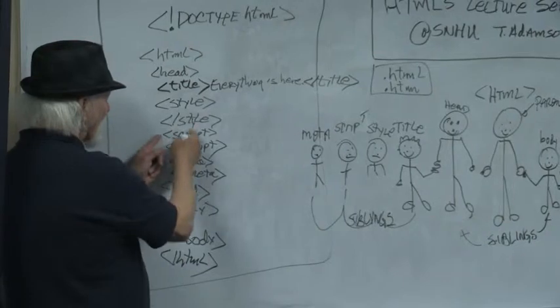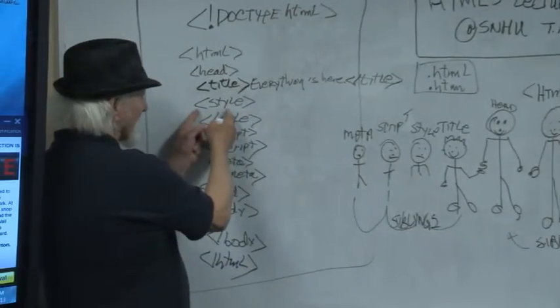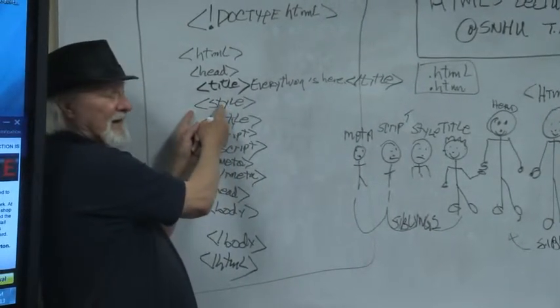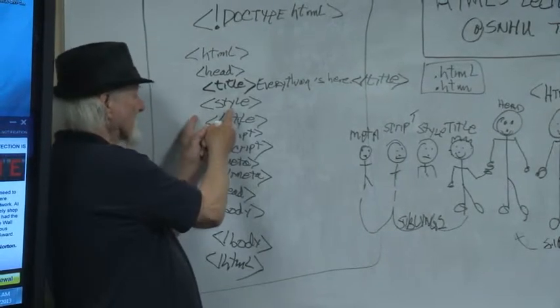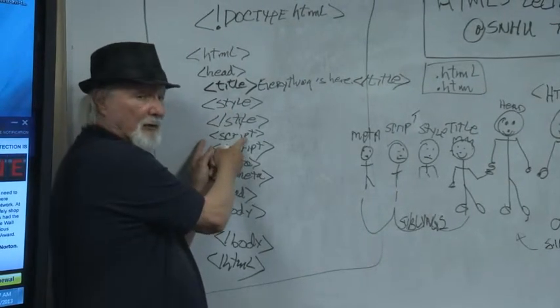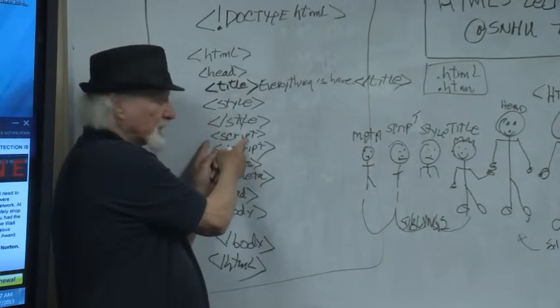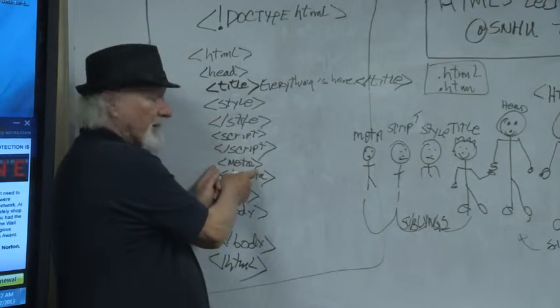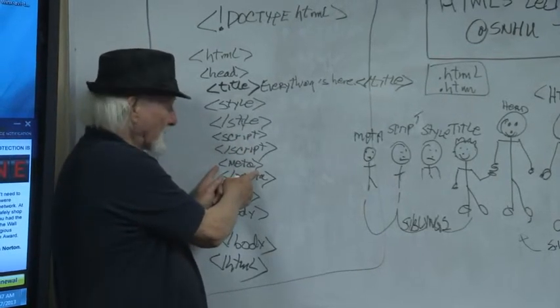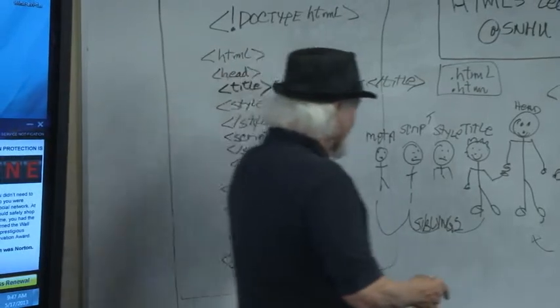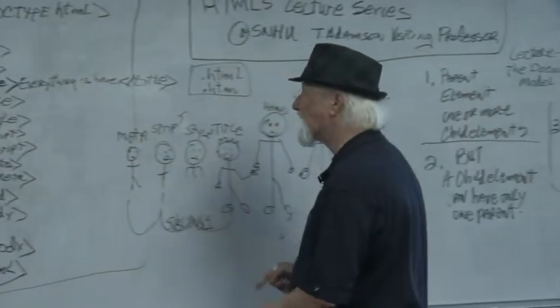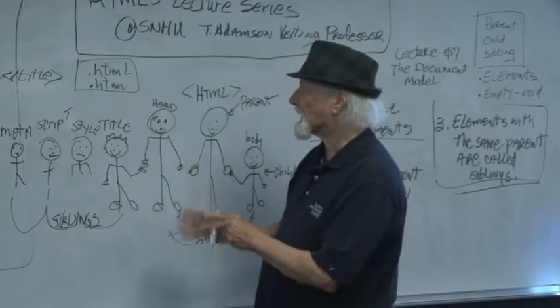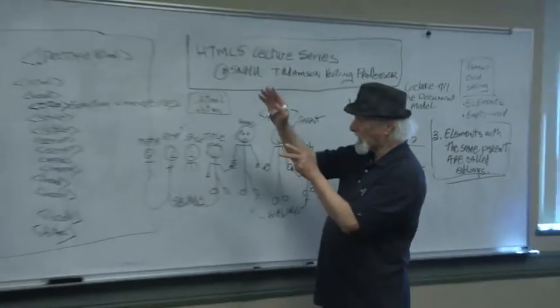And what goes inside these elements here? Well, this will set up the styling of our web page. This right here is where we'll have our scripting language, our programming language, JavaScript. This right here will give us more information about the web page. So the basic structure of a document, the basic model of it, is like this.